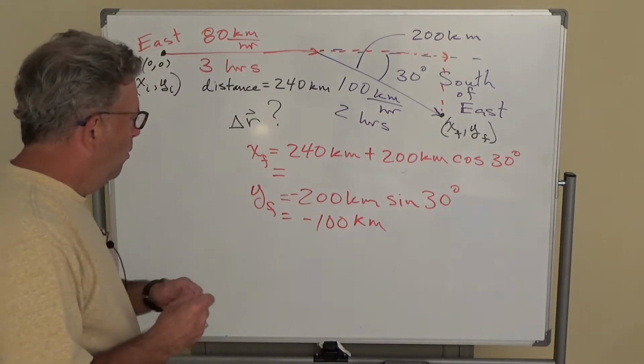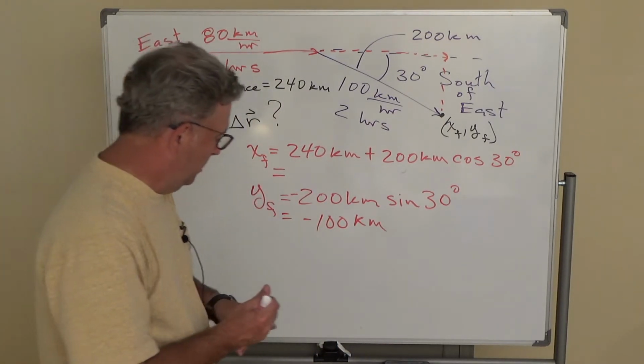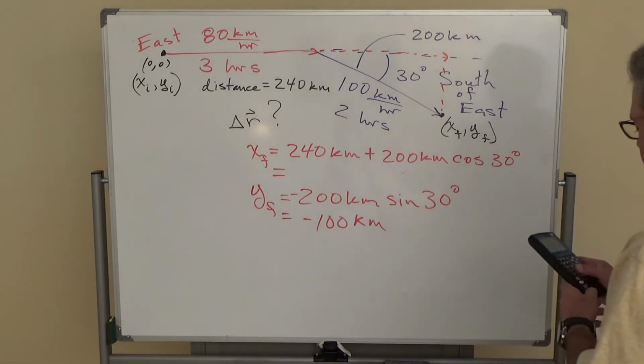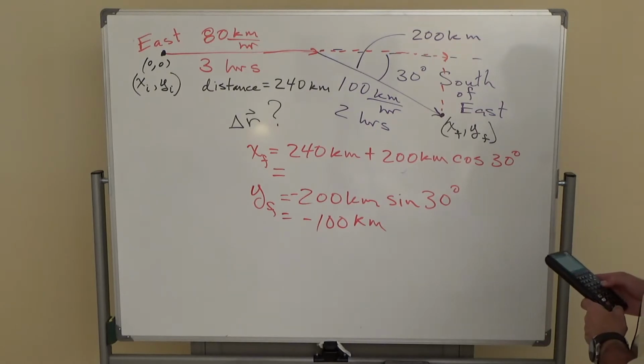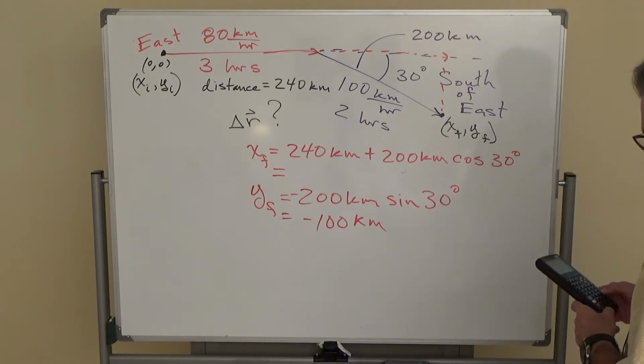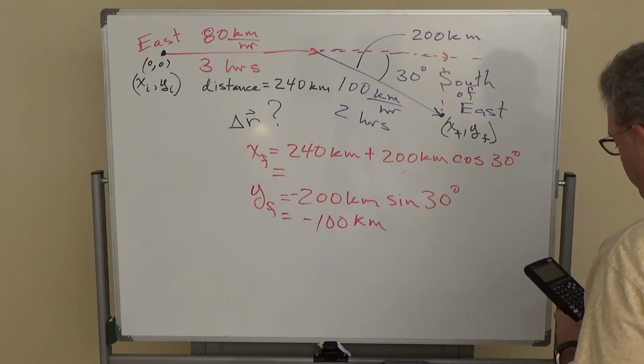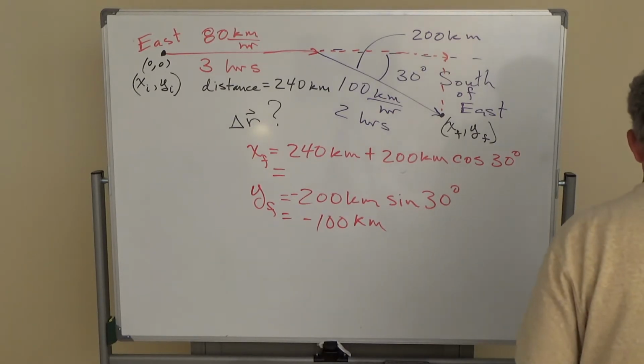Okay. Well, can somebody tell me what this is? I can calculate it real quick. Times 240 plus. I got 413.21 kilometers.